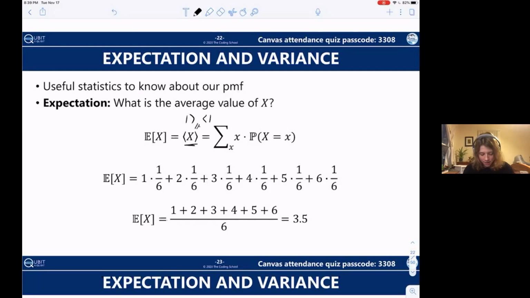It's not the same thing. The way that we define this is the value or the outcome of our random variable times the probability.